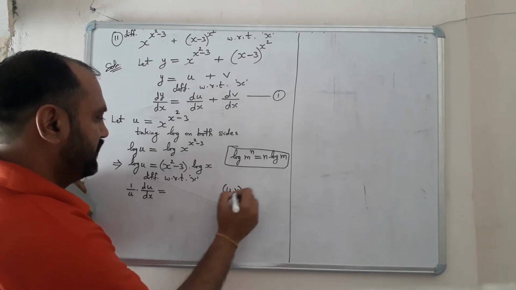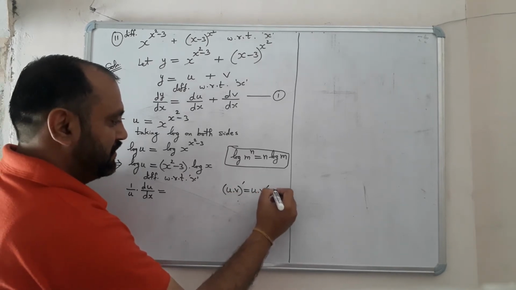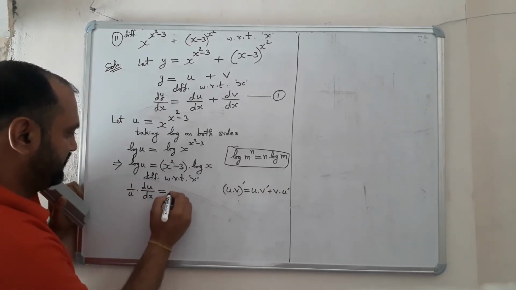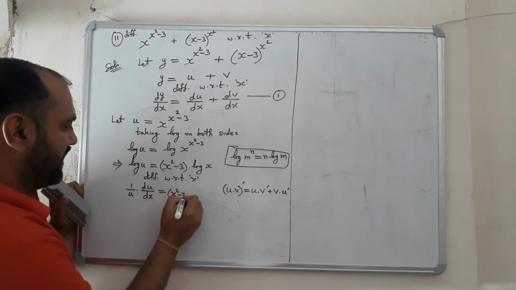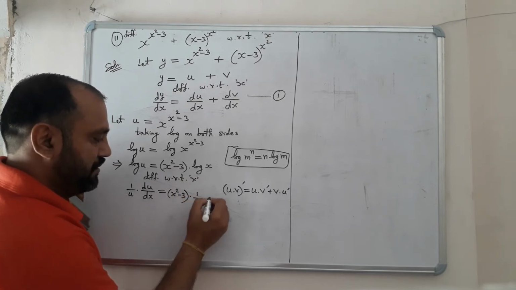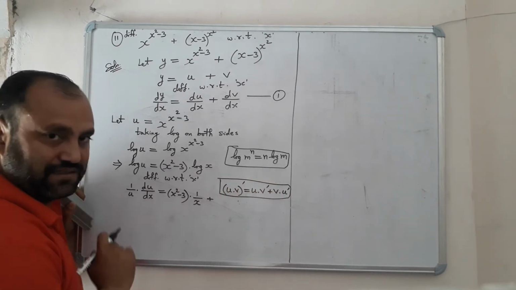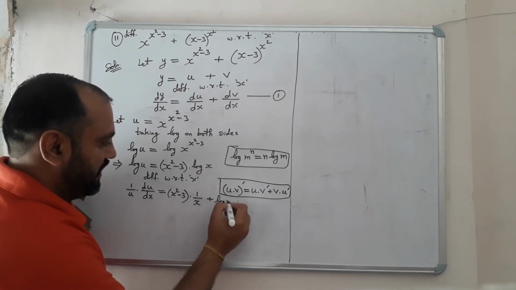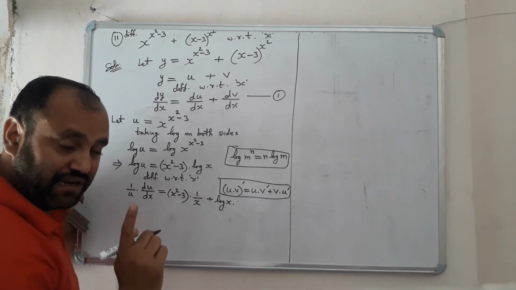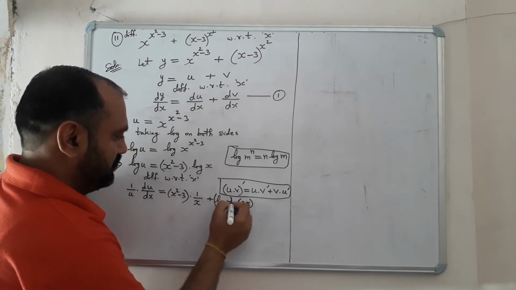Derivative of U into V is U as it is, derivative of V plus V as it is, derivative of U. Means first as it is, x square minus 3 as it is, into derivative of log x, its value is 1 by x, plus second as it is, log x as it is, into the derivative of x square minus 3, its value is 2x, right? So this is 2x.